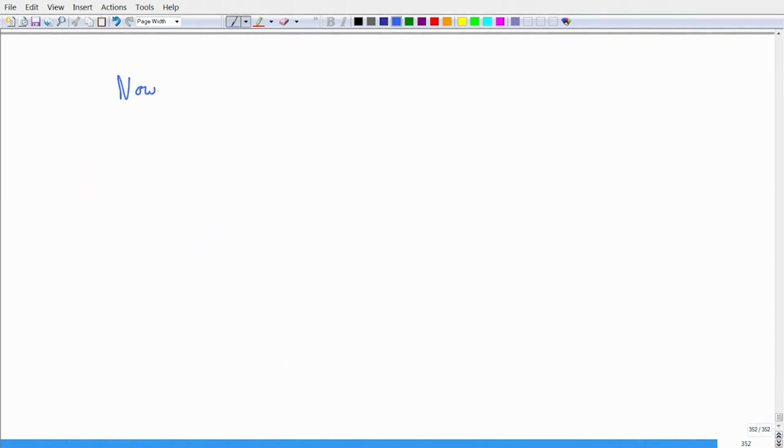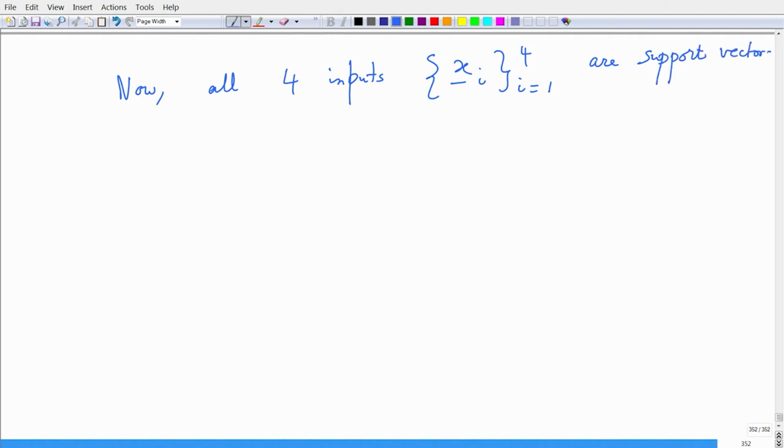Now, all 4 inputs xi's from 1 to 4 are support vectors, and you can verify this. And q of alpha, when I plug in this, I get 1/4, and the second part in the cost is 0. So, half of norm of W naught square happens to be 1/4.